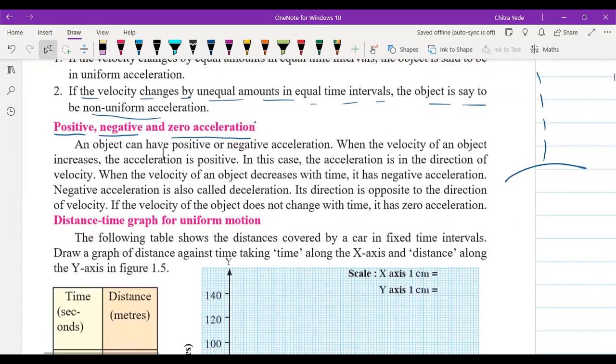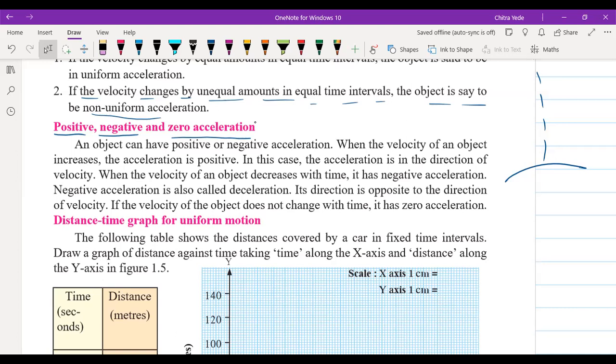Suppose a train starts moving from Hyderabad toward Pune, in a straight line motion.